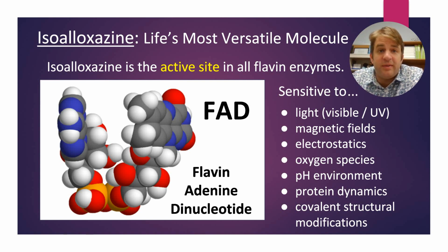About 10% of flavins have random structural modifications that you might not expect to see. All of these change the properties of flavin, its light sensitivity, its redox properties, and so forth. So you can't just simulate flavin in a vacuum or in a certain set of circumstances and expect those simulations to apply in other circumstances.